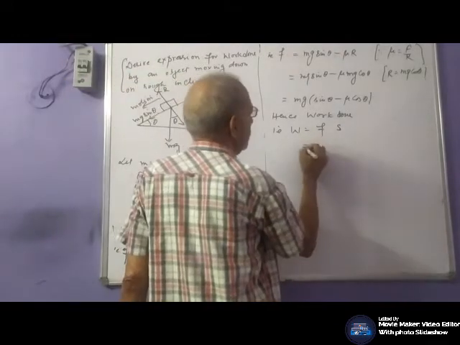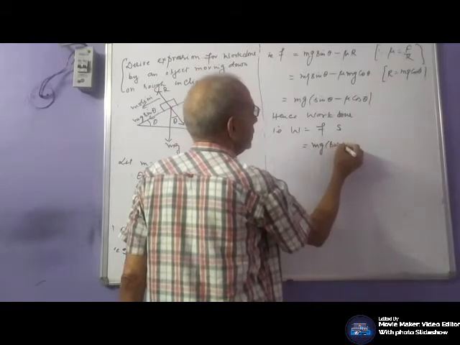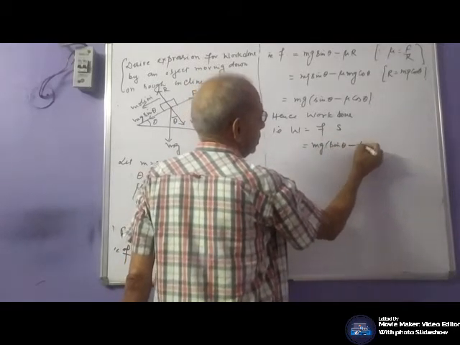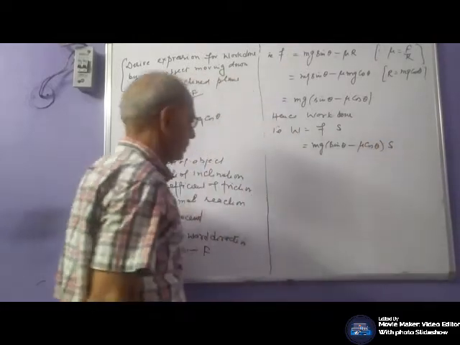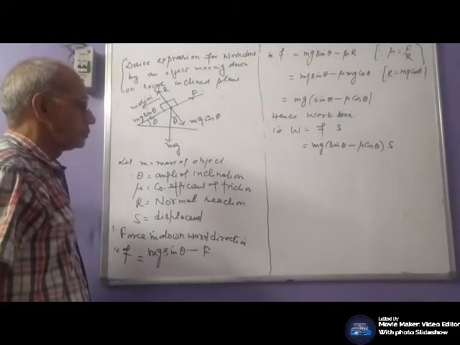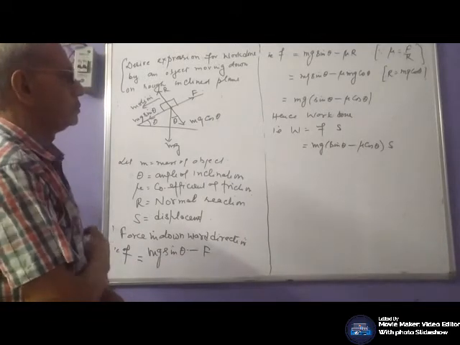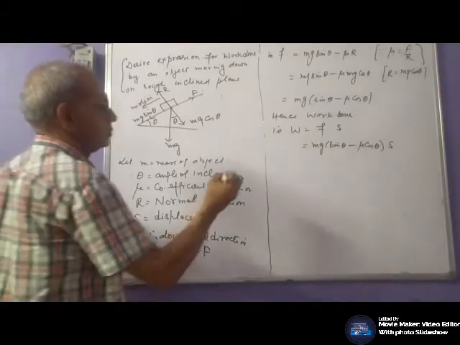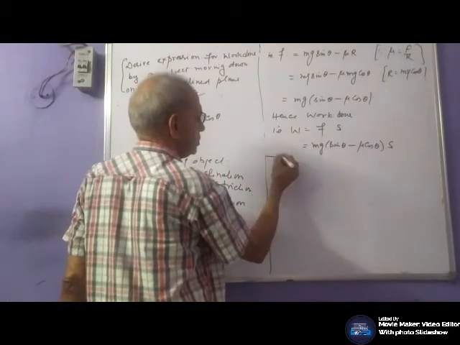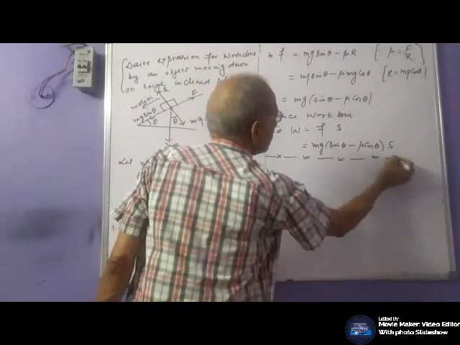And what is small f? mg sin theta minus mu cos theta, into s. This is work done.